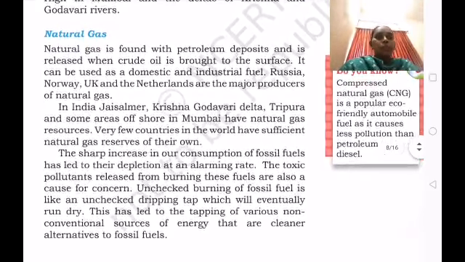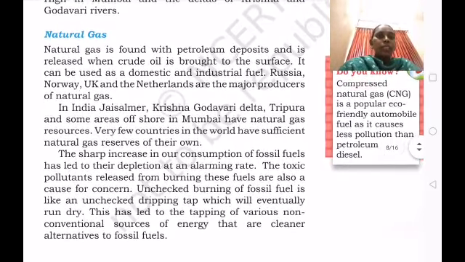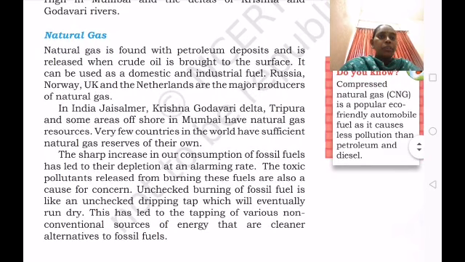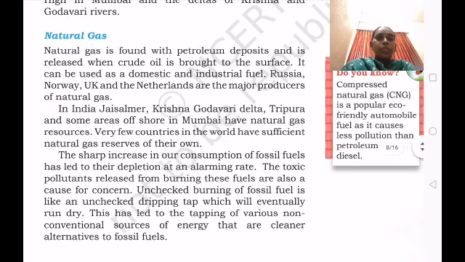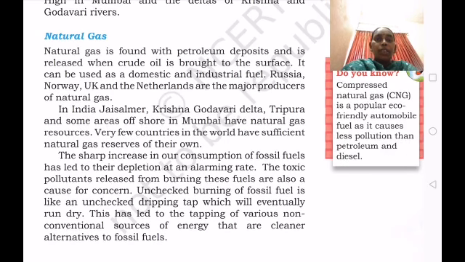The toxic pollutants released from burning these fuels are also a cause for concern. Unchecked burning of fossil fuels is like an unchecked dripping tap which will eventually run dry.